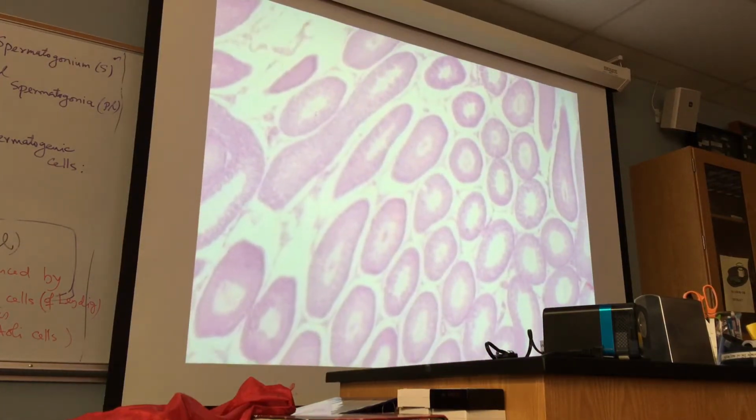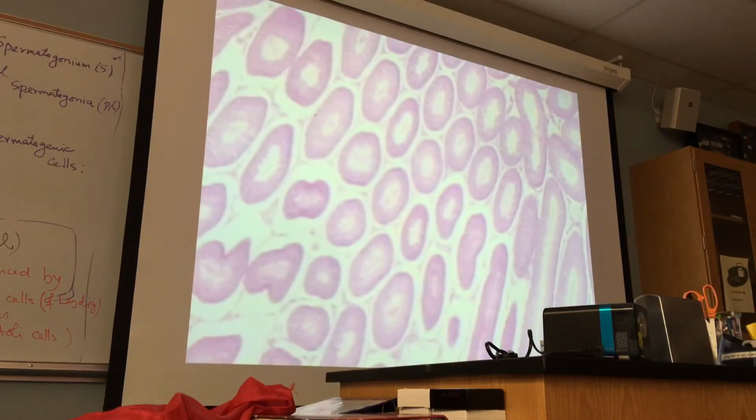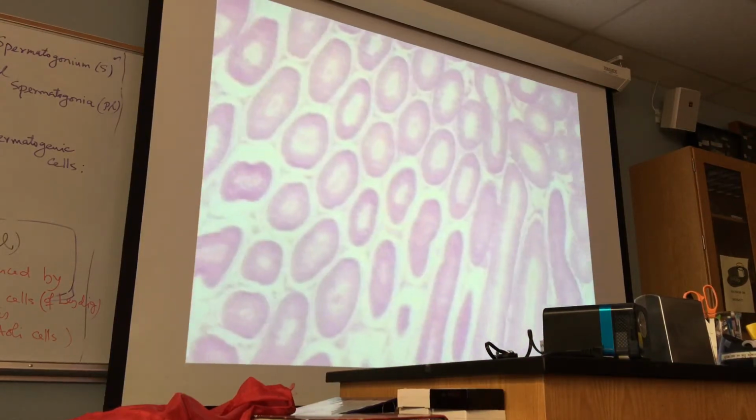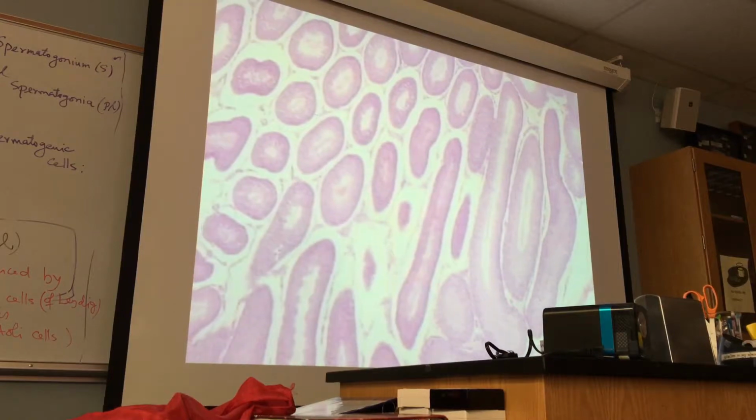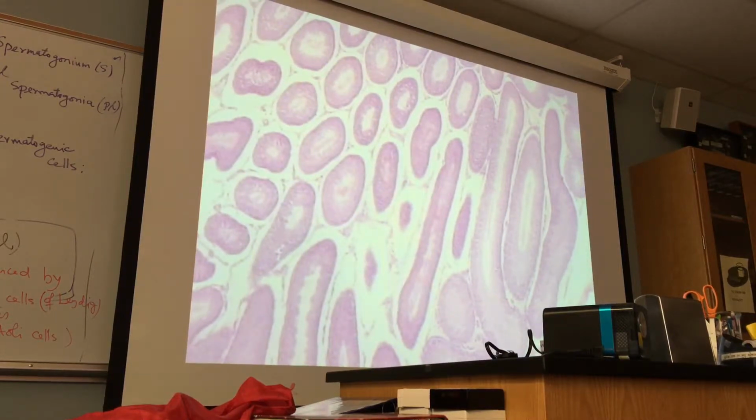You can see some cells are showing cross section, some oblique, some longitudinal even, like this tubule. This is the longitudinal section. Can you see that? This is a little oblique, almost cross section.